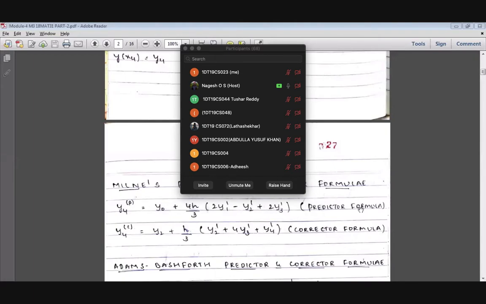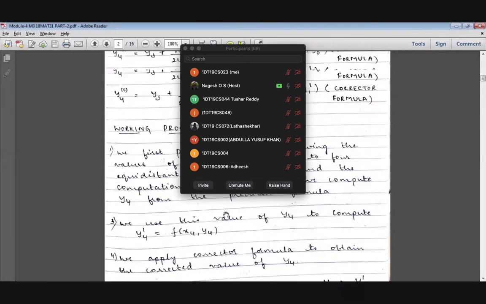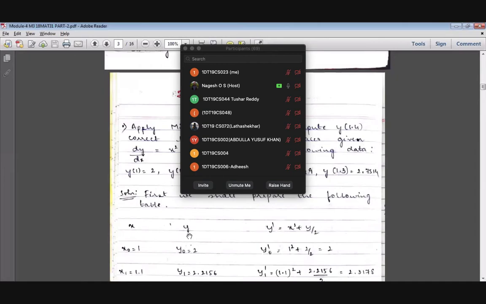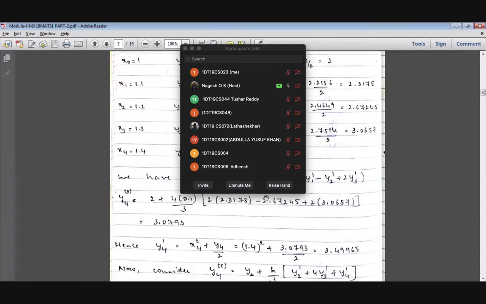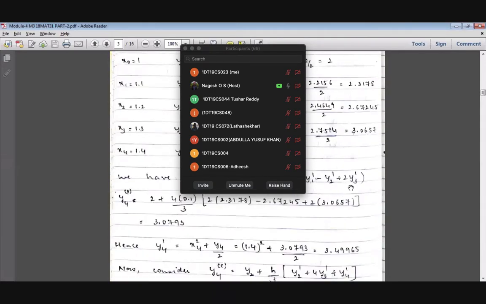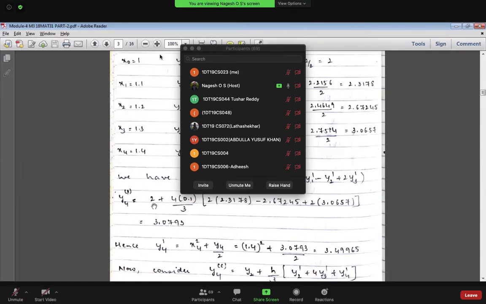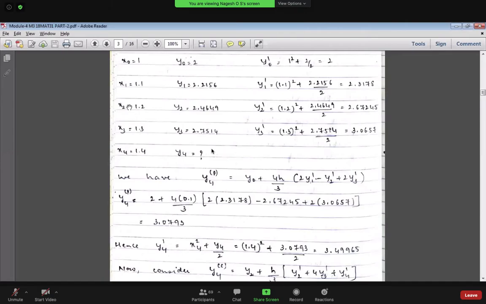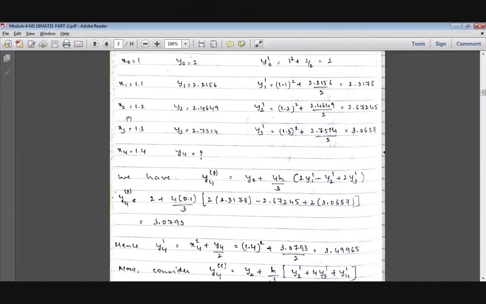All the data we have, just substitute and find out y4 dash. You know, the h value is the difference between any two consecutive terms. This is the h. You will get 3.0793.